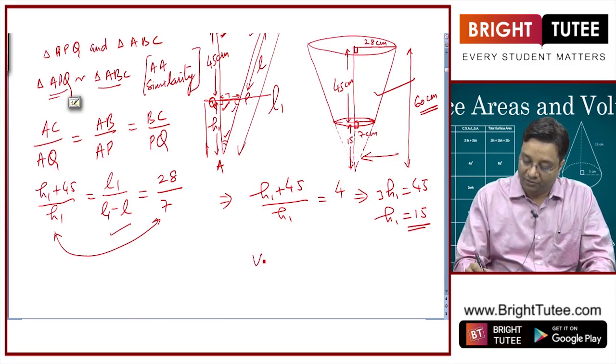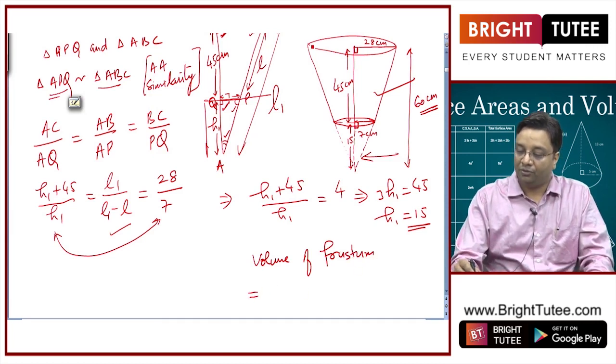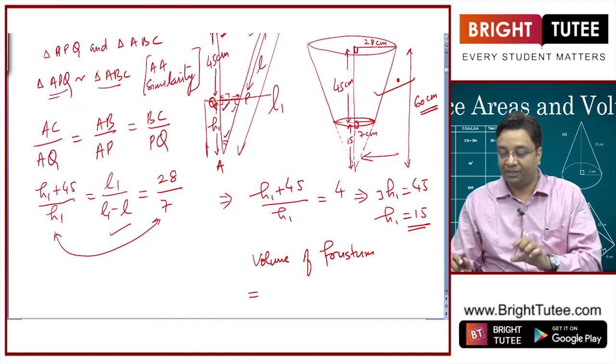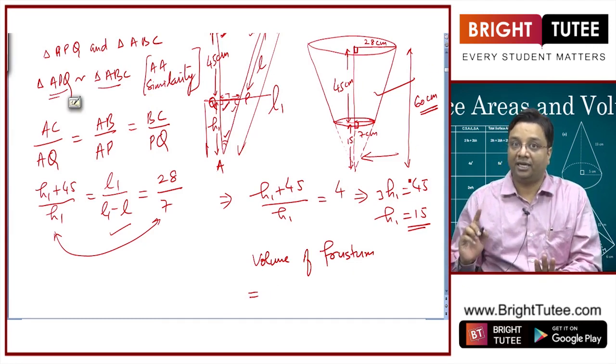So what will be the volume of the frustum? It will be equal to the volume of this bigger cone with dimensions 28 centimeter radius and 60 centimeter height.